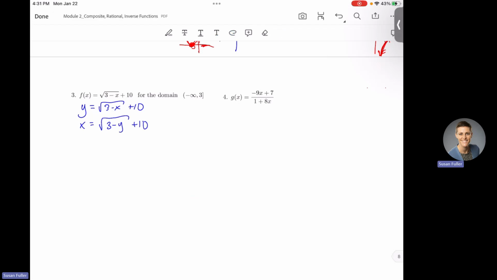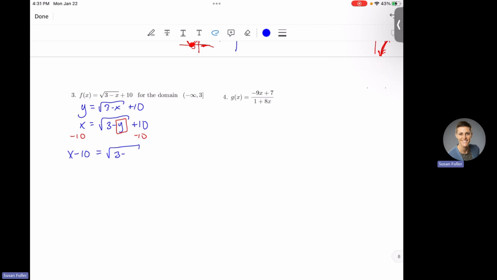But in order to solve for my inverse, I need to solve for y, which is right here. So the very first thing that I need to do is subtract this 10 over, because that's the most loosely connected thing. And I'm going to get x minus 10 is equal to the square root of 3 minus y. And then I'm going to square both sides to get rid of that square root.